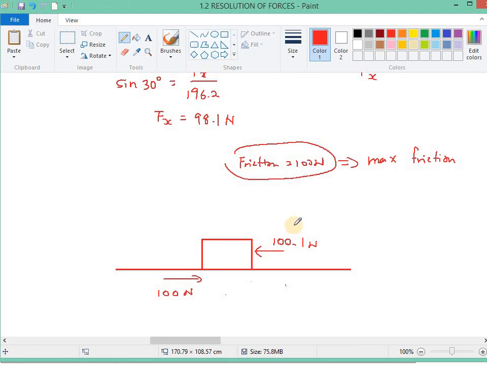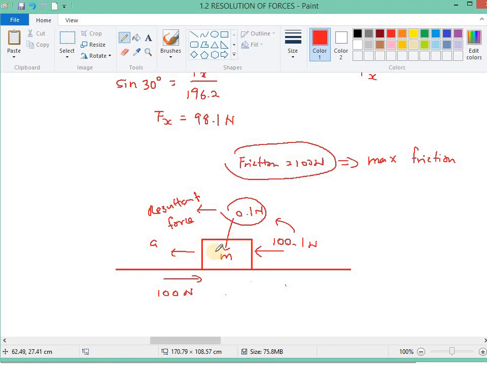You see, there is an extra 0.1 Newton. So this 0.1 Newton is the resultant force. So this resultant force of 0.1 Newton will be able to give this mass acceleration.